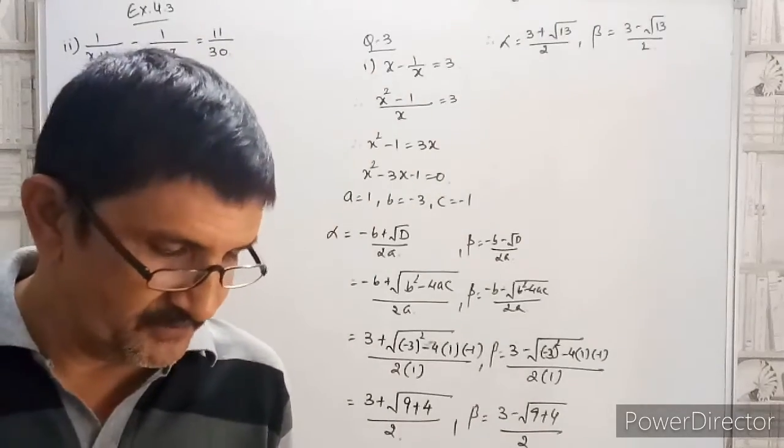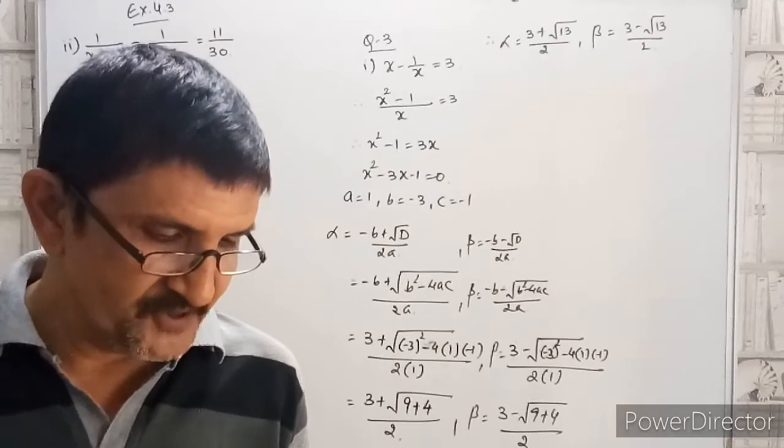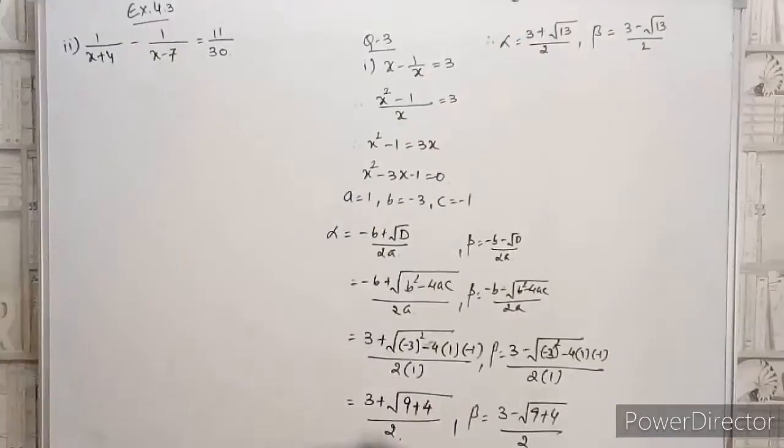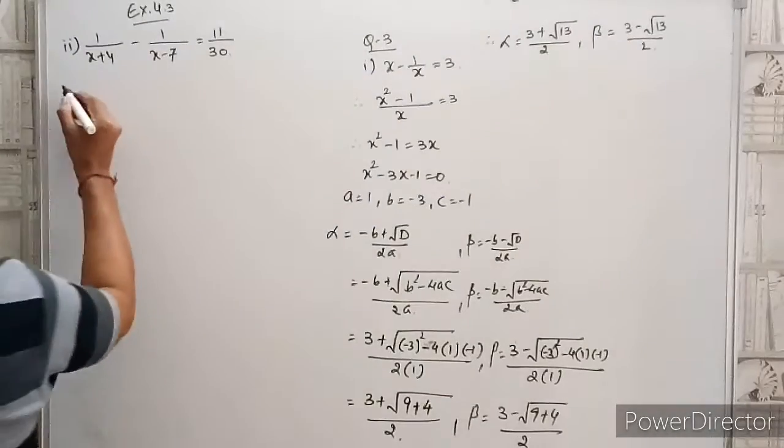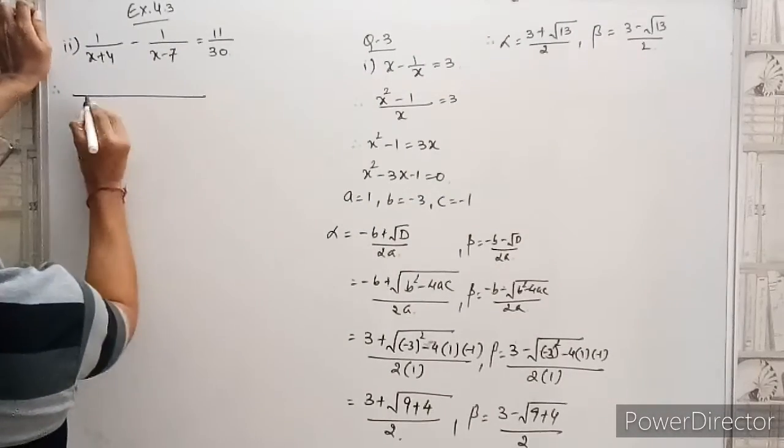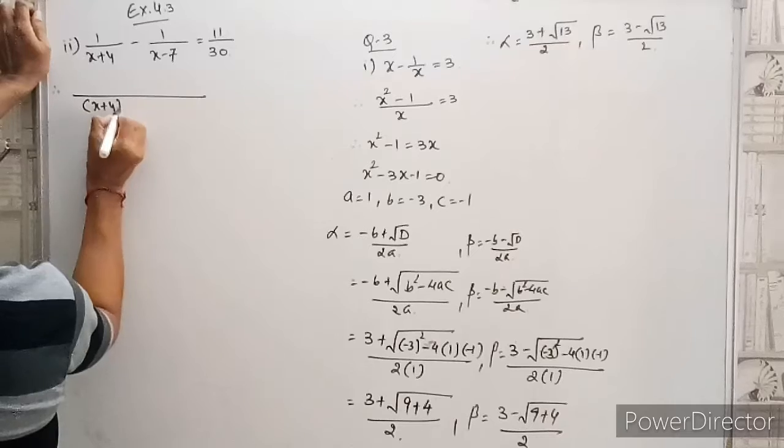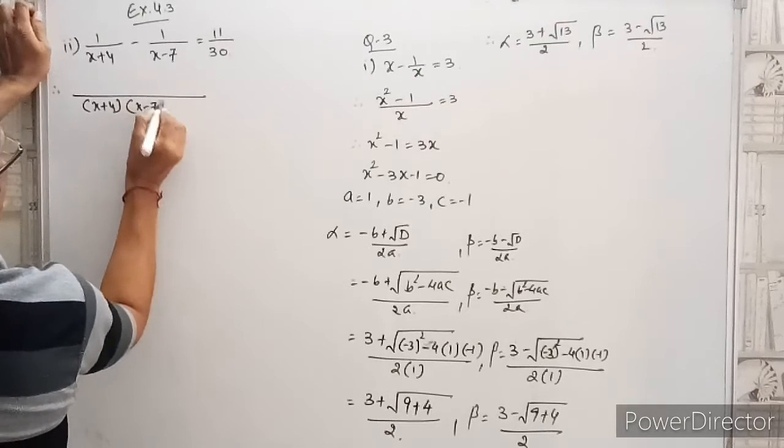And in bracket it is given that x is not equal to minus 4 and minus 7. Okay. So first we have to take LCM, that is x plus 4 and x minus 7 both will be the LCM.